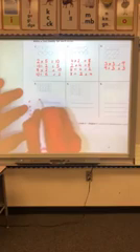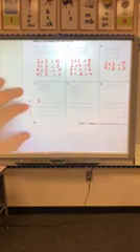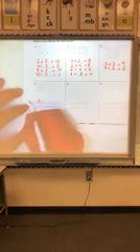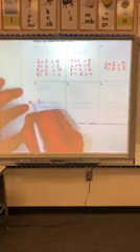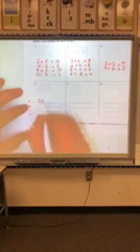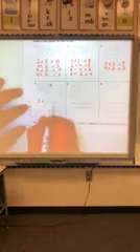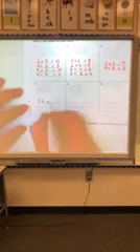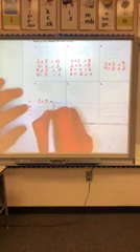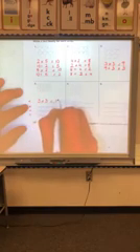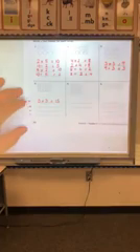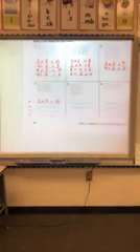I write 5. Times, because I see the sign here is times. Now I count the rows: 1, 2, and 3. So 5 times 3 equals what? 15. Good job.